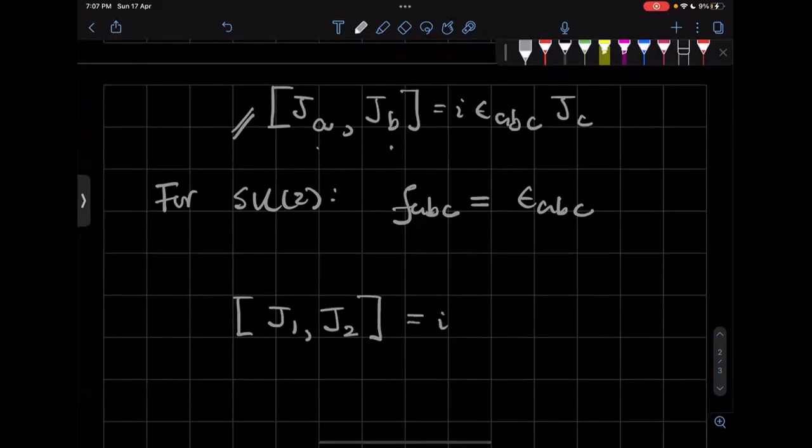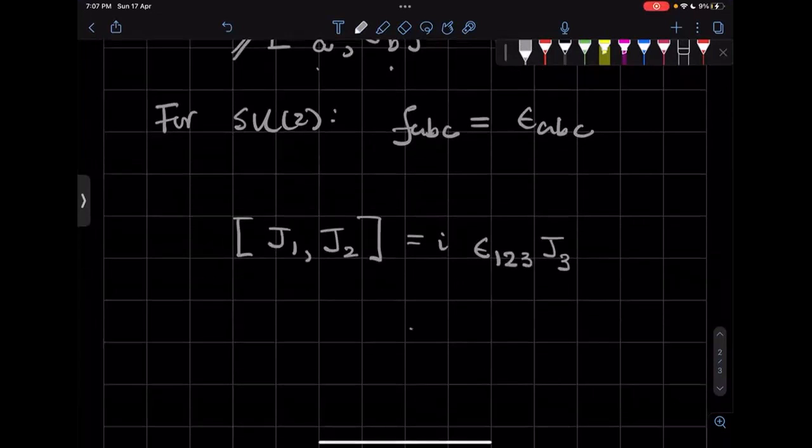So J1, J2 is I, epsilon 1, 2, then the third one must be 3. But we know that epsilon 1, 2, 3 is by definition 1, so we get J3.